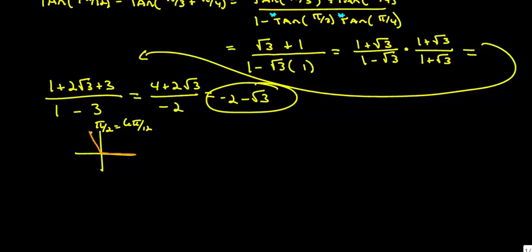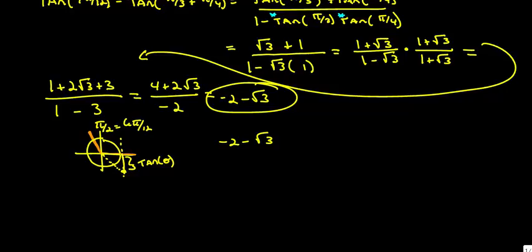So this obviously goes down here. If you think about your unit circle, remember, this length is the tangent of the angle, so it's obviously a negative value. Negative 2 minus the square root of 3 is also a negative value.